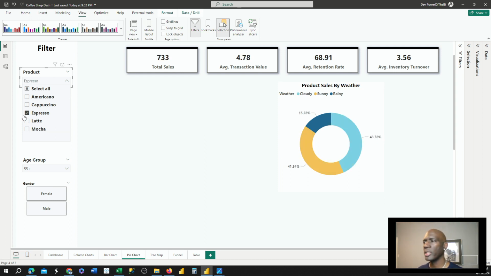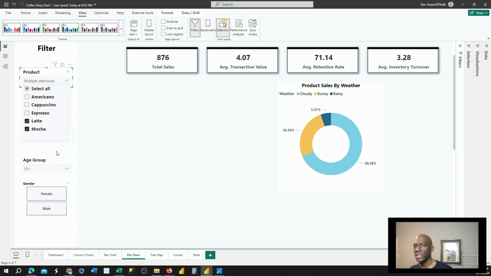Espresso is at 43%. That espresso is the largest number. Well, now we see that the latte is at the largest number. So we want to make sure that we have that latte. Well, let's look at mocha first. So between latte and mocha on cloudy days, our 55 and up customers are coming in to purchase product. So we want to make sure that the products they purchase on cloudy days are there, right?